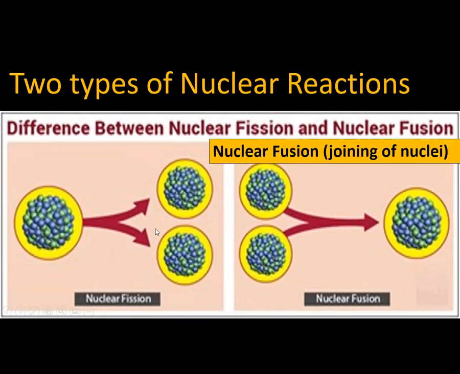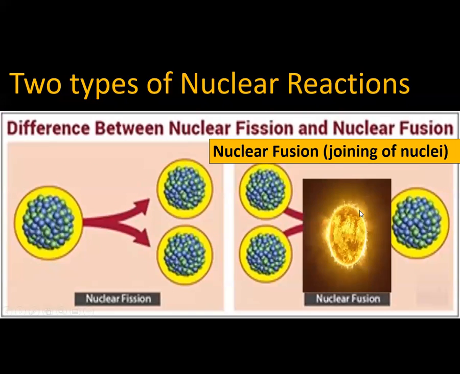The other type of nuclear reaction is nuclear fusion, or the fusing of nuclei, and this is the process that powers the stars, like our sun. The main fuel in nuclear fusion is hydrogen, and hydrogen is also the most abundant element in the universe.